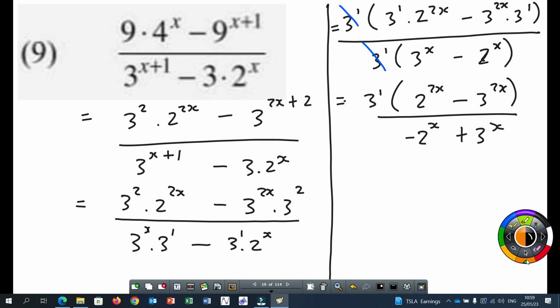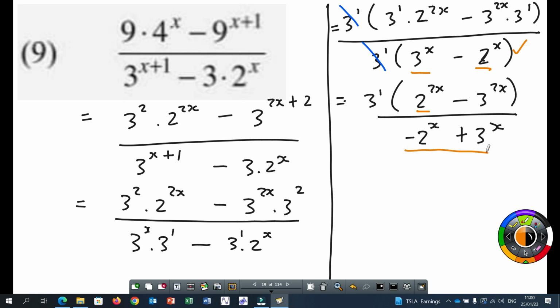If you want to simplify from this step here, I'm sure you can agree with me that our numerator, its binomial term, the first term, starts with a 2. Isn't that so? The base is 2. So it would be better to swap this minus 2 to the power of x and that 3 to the power of x, so that in the next step I'll end up having this.